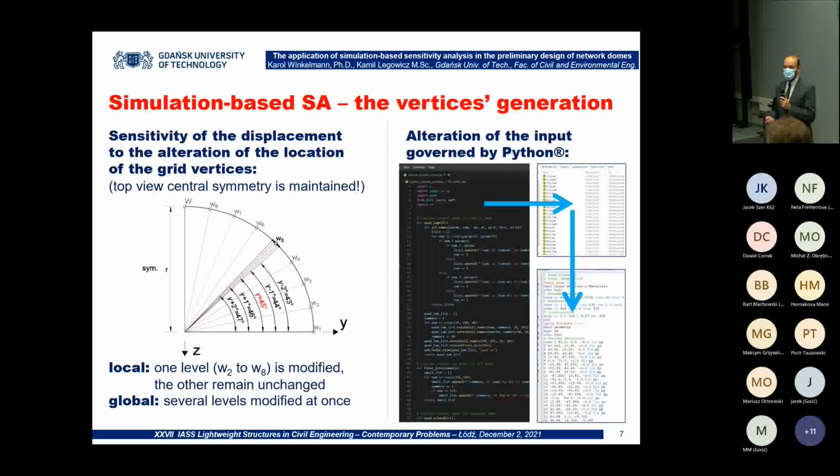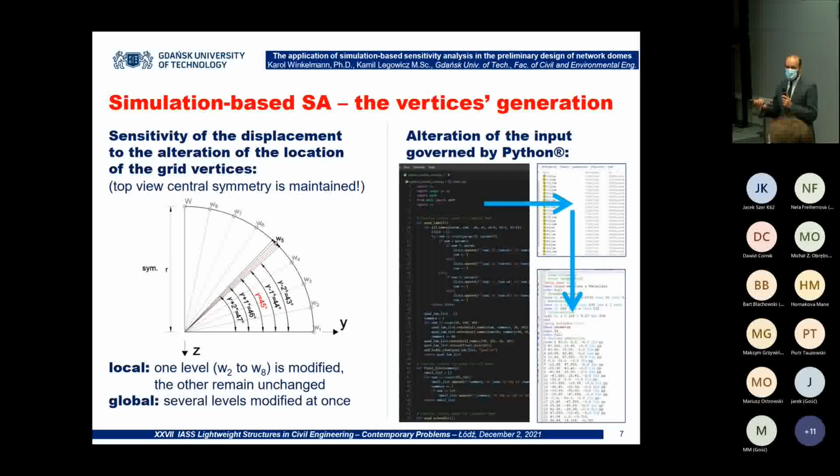Now we transfer to the sensitivity analysis. We assumed that we can change the position of the vertices, and here the position is changed in 4 ways. We add 2 or 1, or we subtract 1 or 2 degrees.